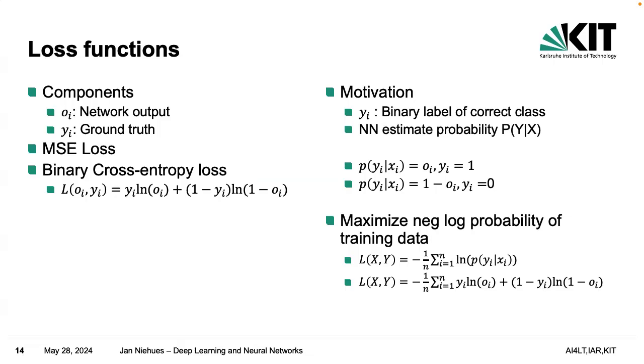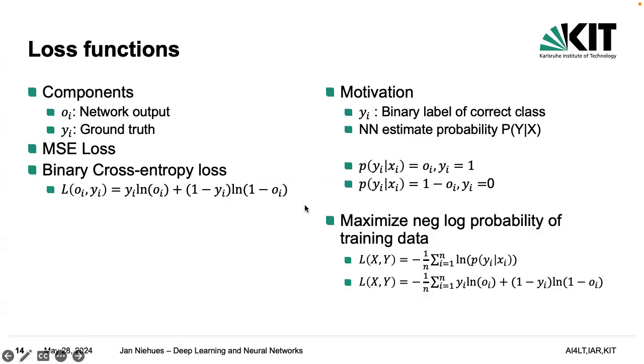And this is what people refer to as binary cross entropy. So you try to minimize the negative log probability, which is y_i ln o_i plus 1 minus y_i ln 1 minus o_i.